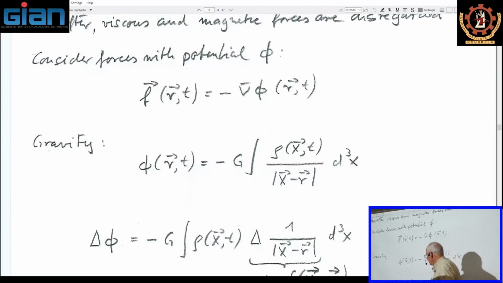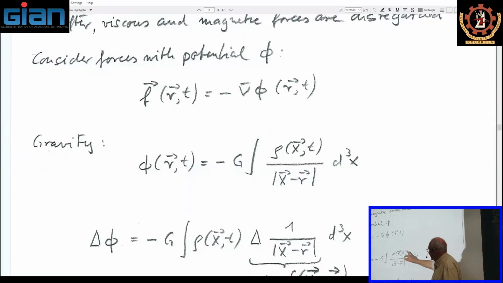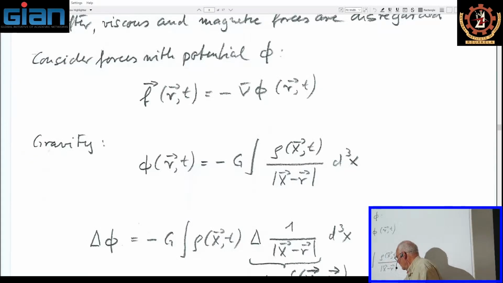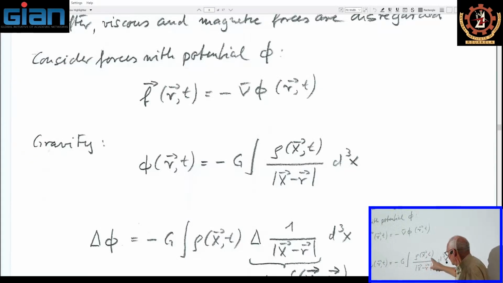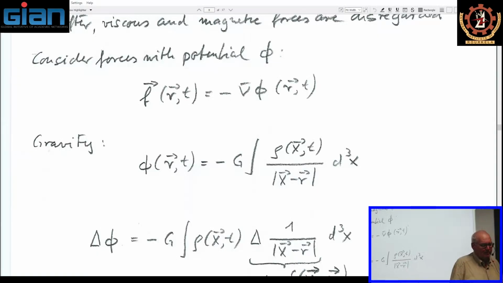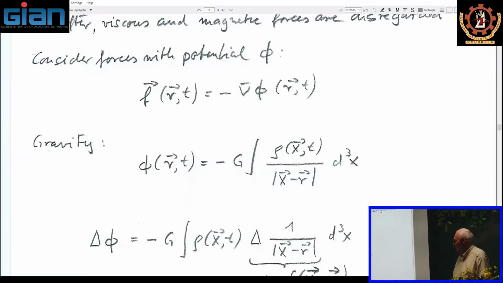So the Laplacian operator acts on r. So we can take it underneath the integral because the integral is taken over x. So rho is not affected by the Laplacian. So what is left is rho of x, Laplacian acting on 1 over the modulus of x minus r.